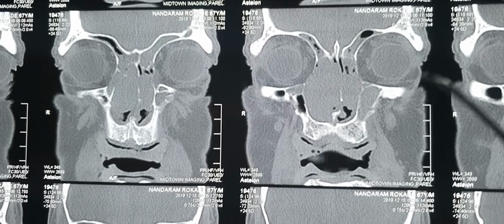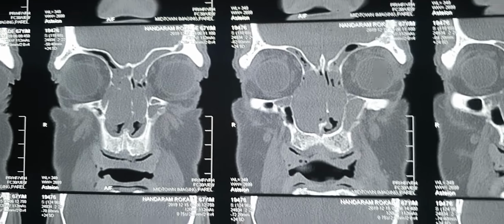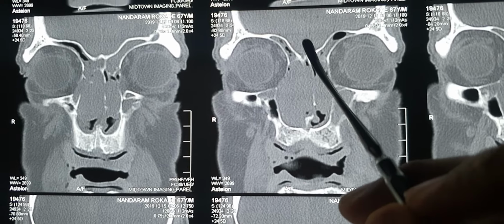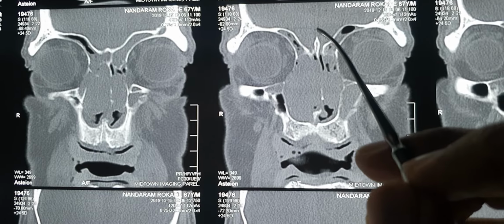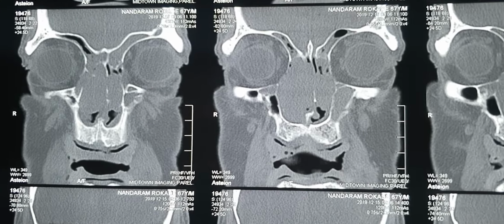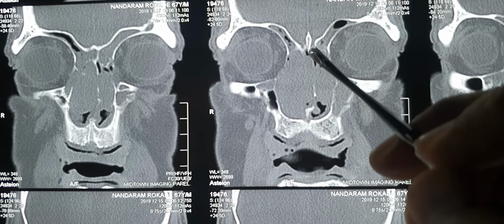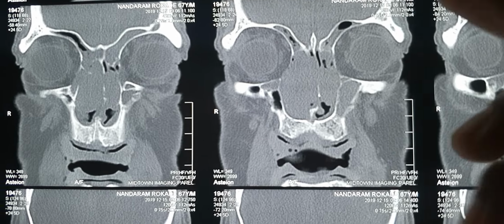Crista Galli is nothing but an upward bony projection, a diamond-shaped projection of the bony anterior cribriform plate, which gives attachment to the falx cerebri in the center. So the falx cerebri attaches to the Crista Galli in the midline, and the base of the Crista Galli roughly measures the area of the perpendicular plate, the bony septum in the midline.